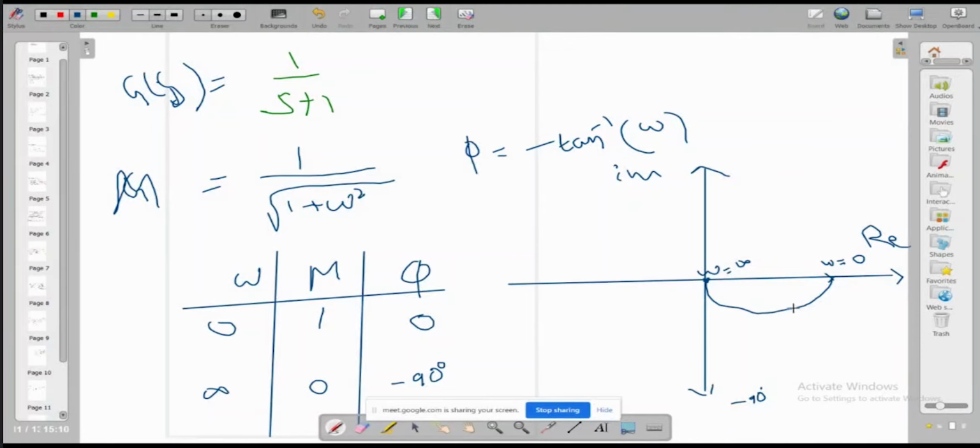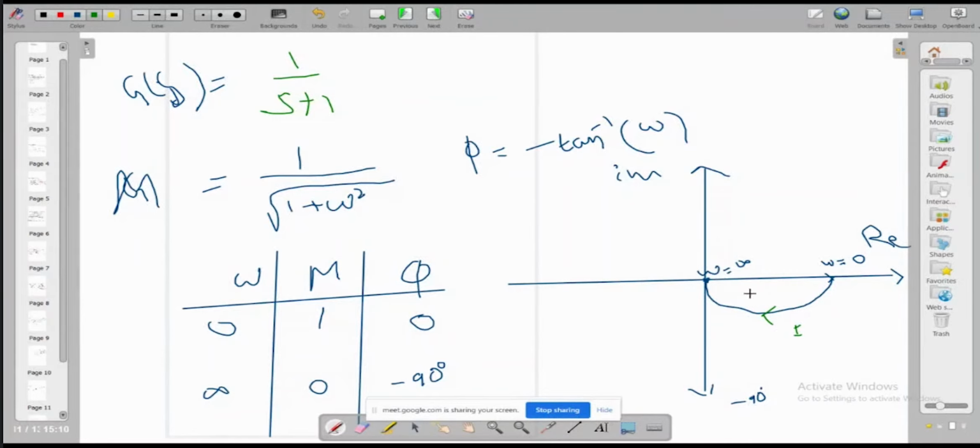If you want the point of intersection, you can find it by equating the real part or imaginary part to 0 after rationalizing. This is path 1, with direction from omega equals 0 to omega equals infinity.